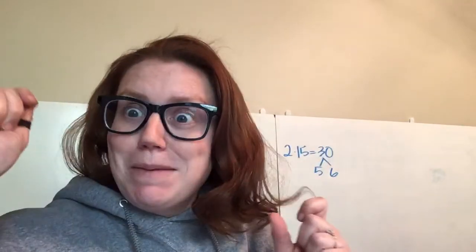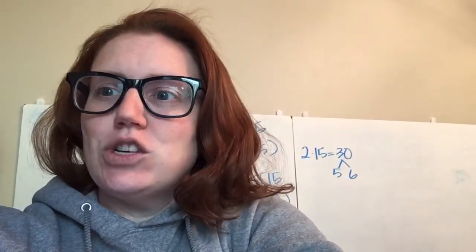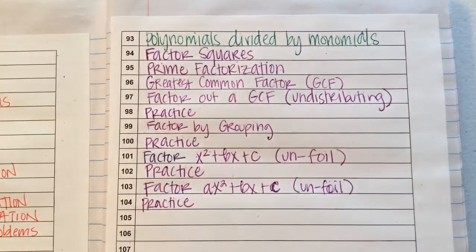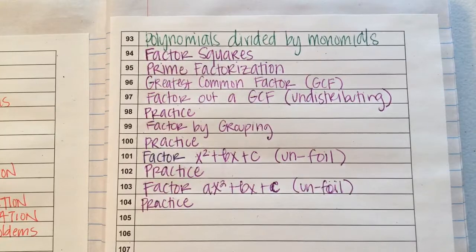So let's go back to our notes and get busy. We are going to continue on with this skill of factoring when the leading coefficient is not a 1. So we've got an A value at the beginning. We're still going to unfoil.